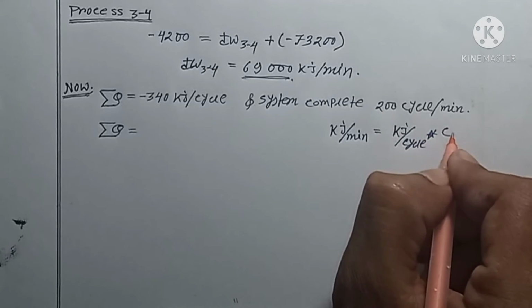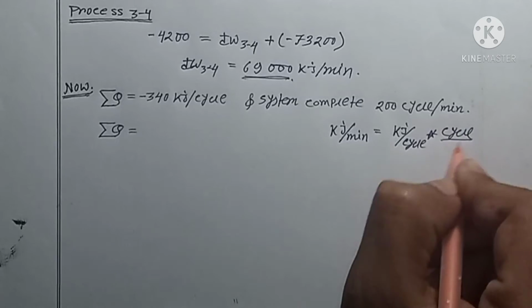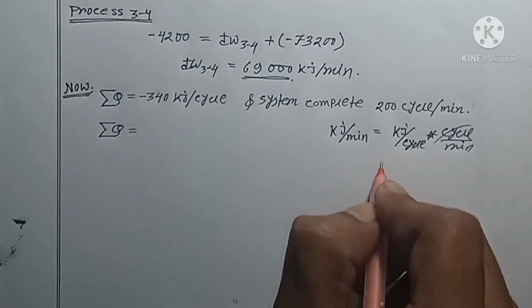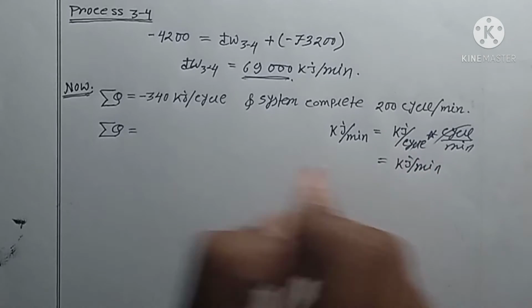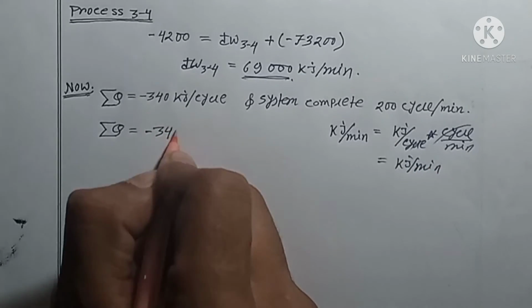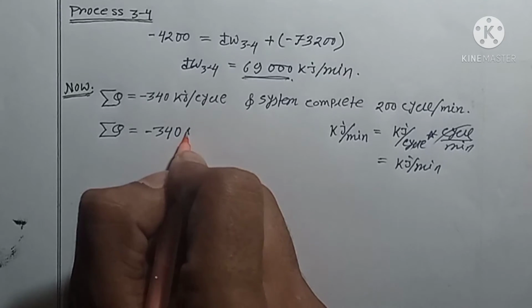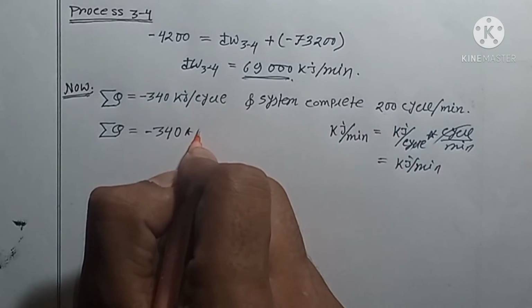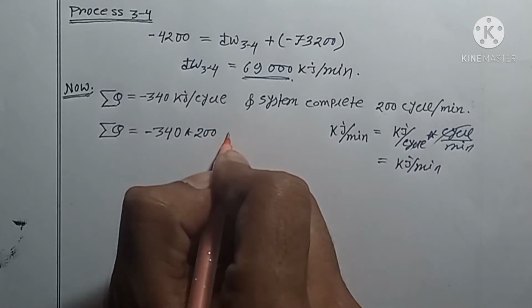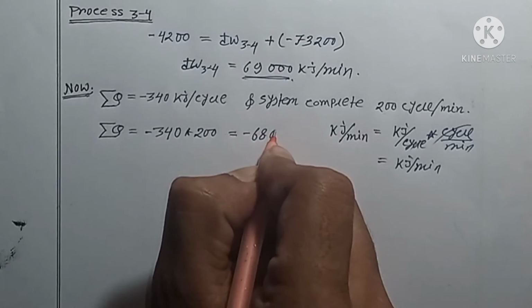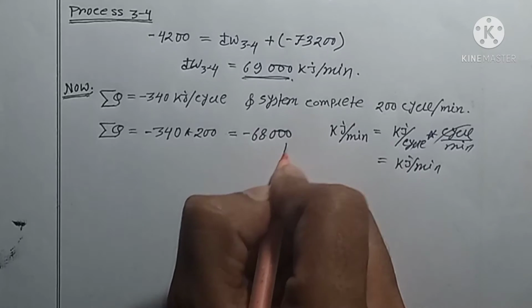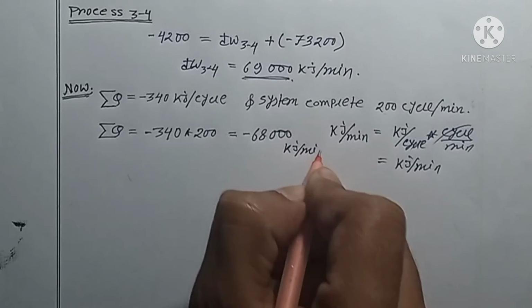If we multiply it by cycles per minute, then cycle gets cancelled out. We will get kilojoule per minute. Am I right? So just multiply this 340, which is in kilojoule per cycle, by the number of cycles completed per minute. So we will get the answer as minus 68000 in kilojoule per minute.